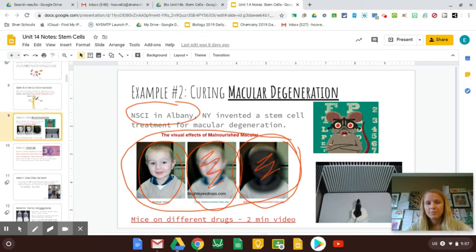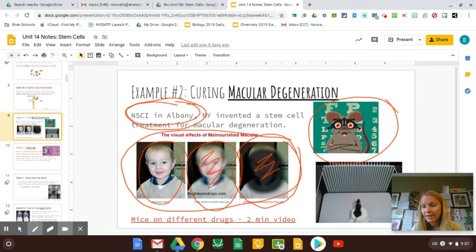One interesting thing when I actually visited this place in Albany, they talked about how you have to test all these drugs or all these therapies in animals. And so they test it in rats. And how do you tell if you fixed a rat's vision? Do you say, okay, rat, cover up one eye and I want you to read this chart, FPLT, whatever?